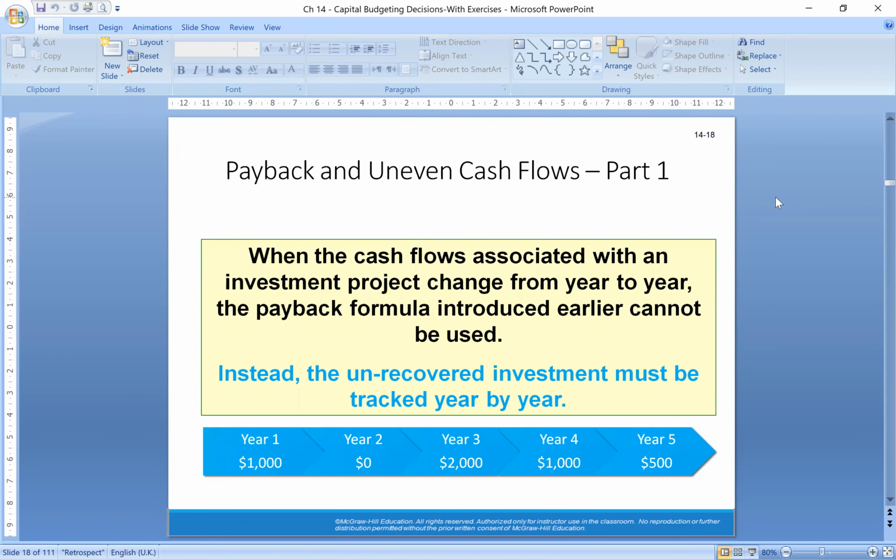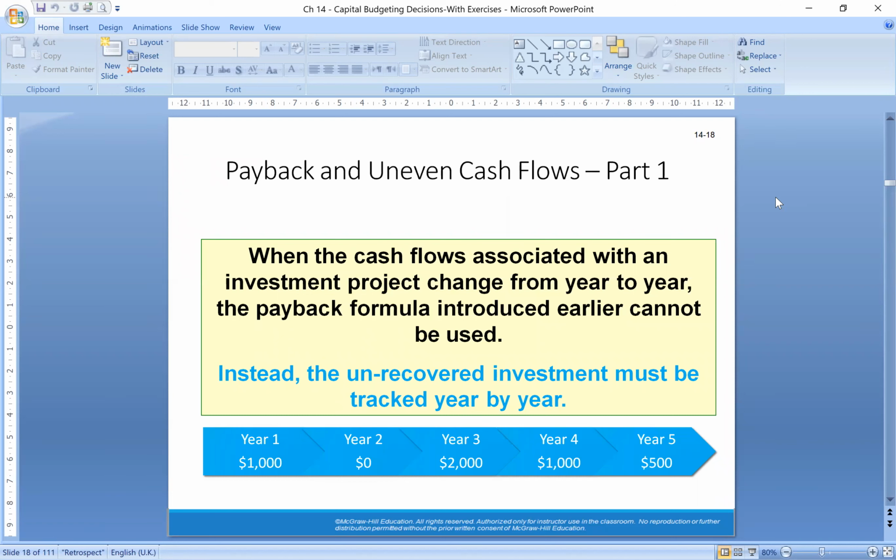Payback and uneven cash flows. When the cash flows associated with an investment project change from year to year, like the example that we just had, the payback formula introduced earlier cannot be used. Instead, the unrecovered investment must be tracked year by year.